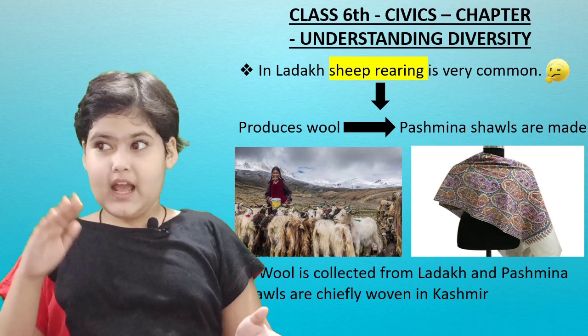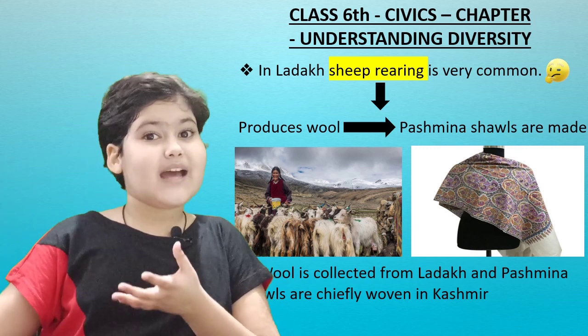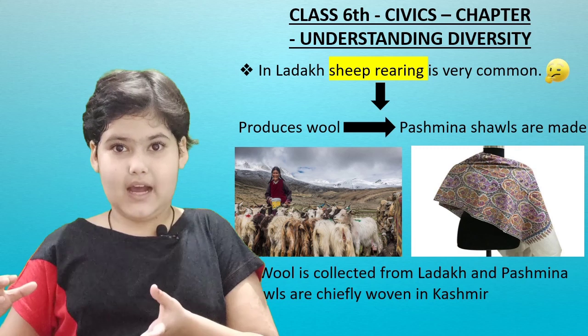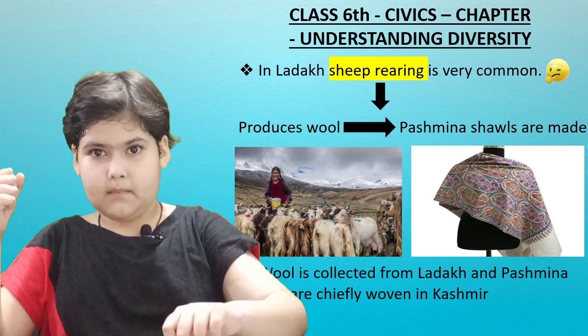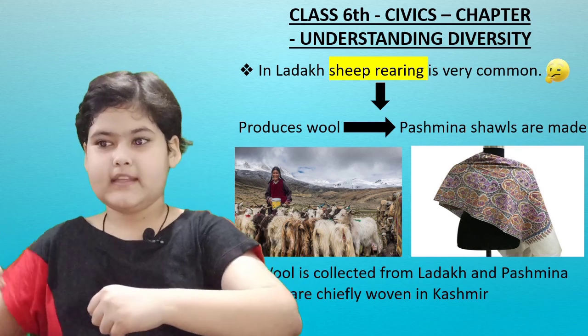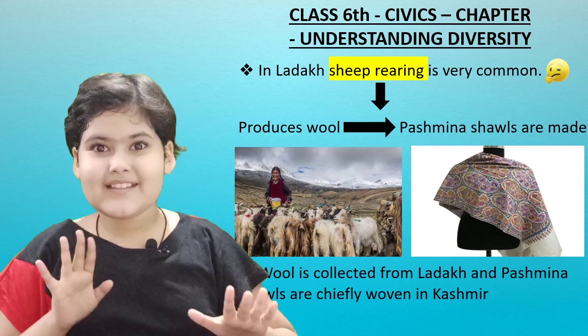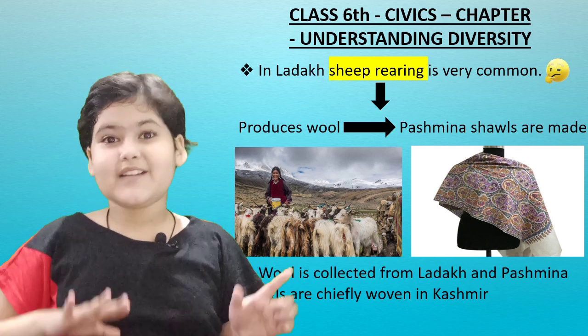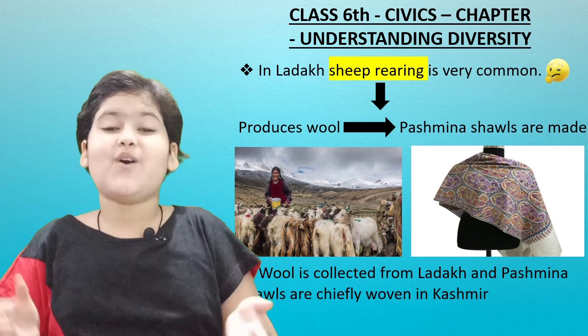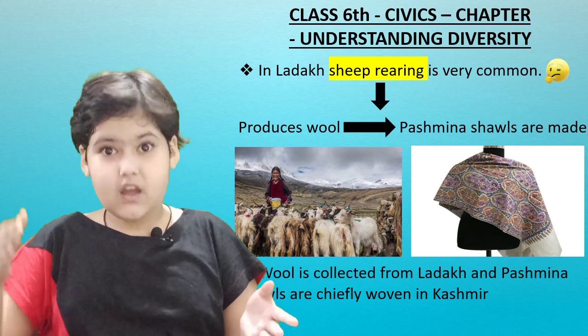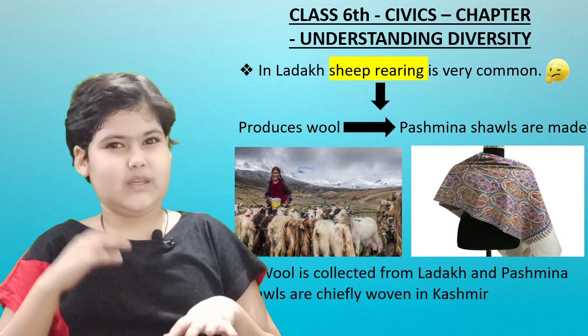Now see, the sheep are there with those people of Ladakh. So they get a trimmer with them, take the sheep with them and trim the hair. Not in the winters. अगर वो सर्दियों में उनके बाल हटा देंगे तो उनको भी बहुत ठंडी लगेगी, right? So they trim the hair, or we can say wool.